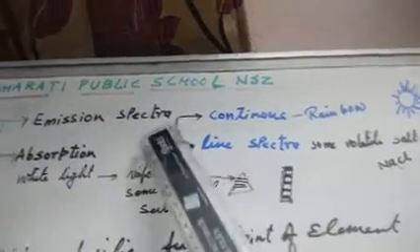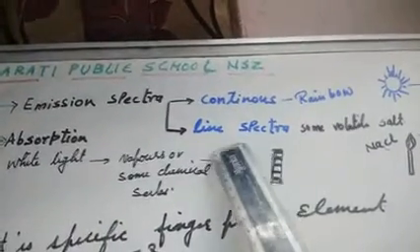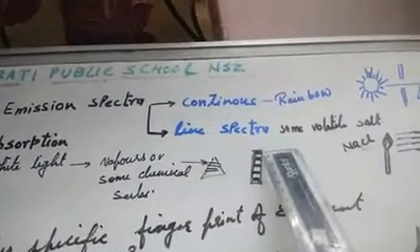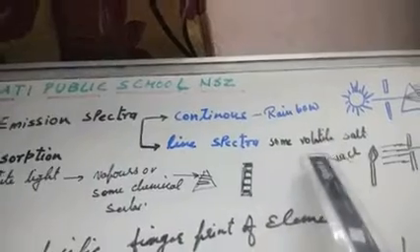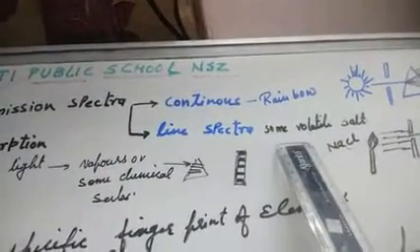Now, the second part of emission spectra is line spectra. Line spectra is given by volatile substances or by a particular element.